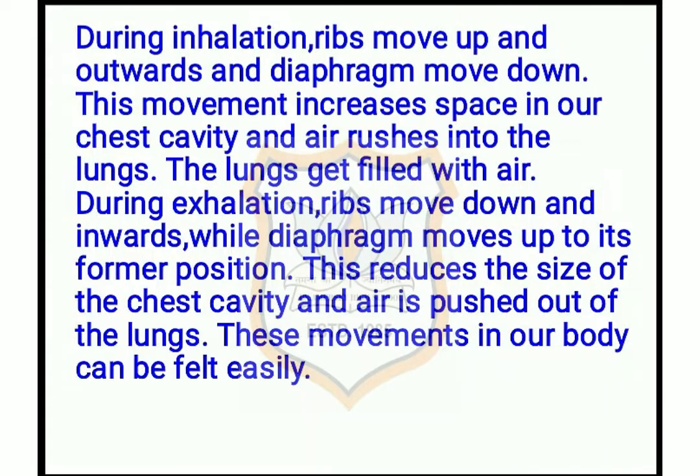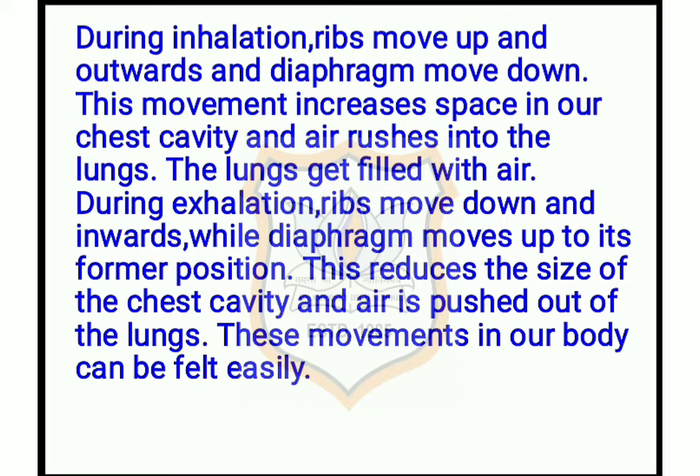During inhalation, ribs move up and outwards and the diaphragm moves down. This movement increases space in our chest cavity and air rushes into the lungs. The lungs get filled with air. During exhalation, ribs move down and inwards, while the diaphragm moves up to its former position.